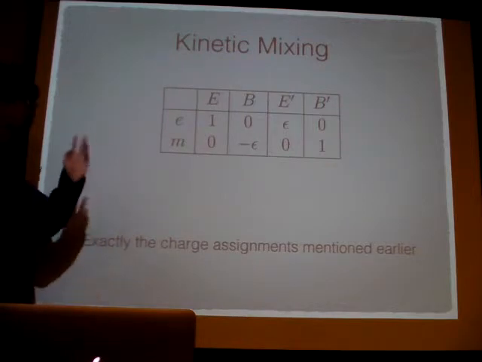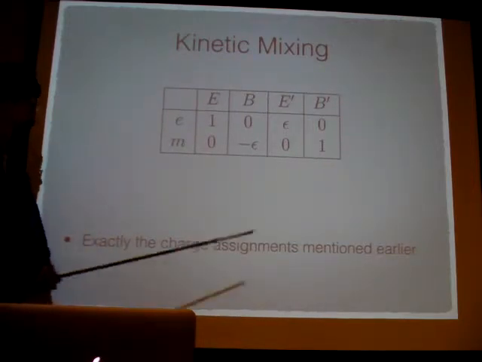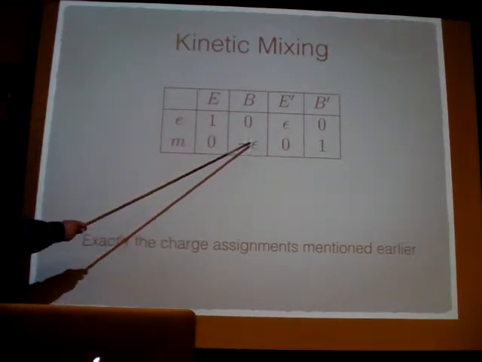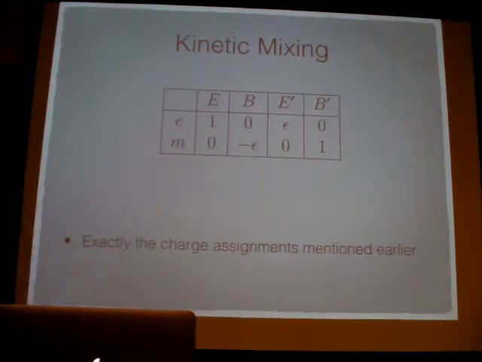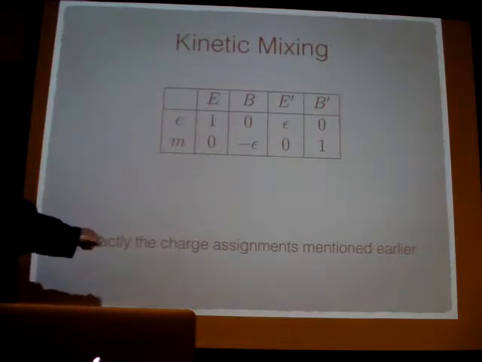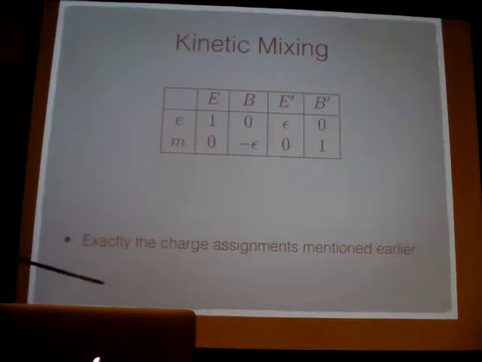In fact, if you generate it through loops, it'll RG run, it'll be non-integer. And so it's very natural for this guy to be non-integer in exactly this scenario. This is exactly what's predicted by kinetic mixing, which is nice and should not surprise us, that kinetic mixing preserves quantization of angular momentum.